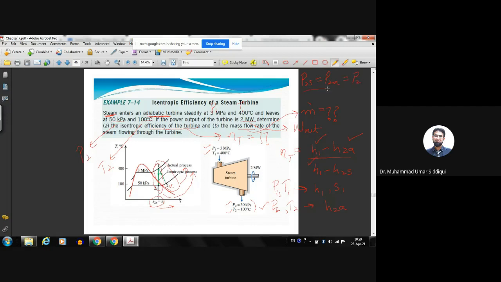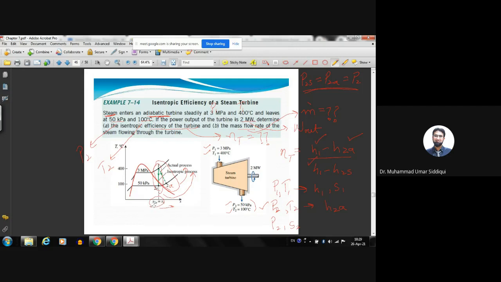So always remember this. When we need to determine H2s, first of all, we have P2 here, and then we are going to ignore the temperature T2 because this temperature is the actual temperature. We are going to use S2. And since we know that for an isentropic process, S2 will be the same as S1.